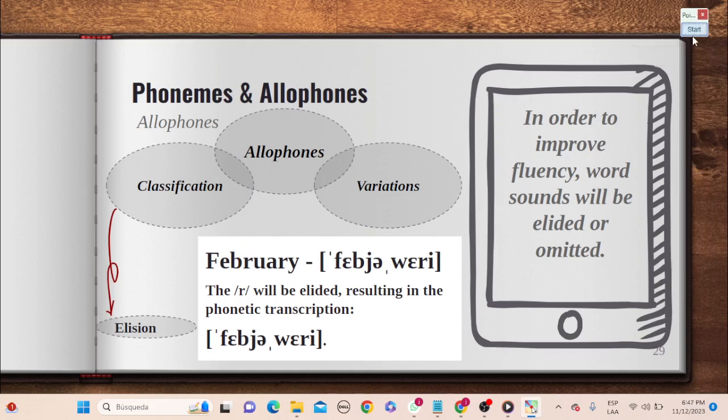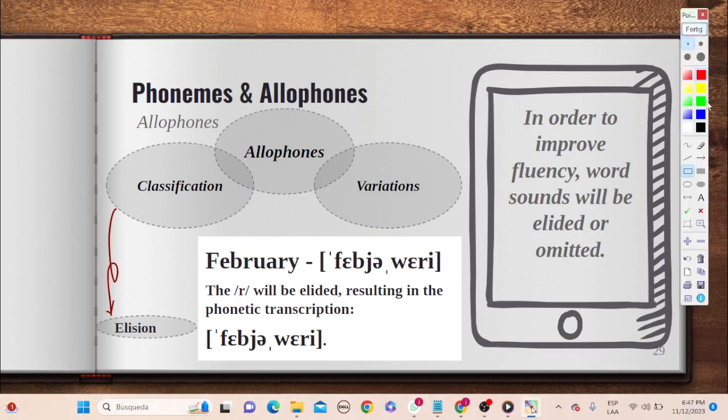Now, it is important also to explain to them that that will not be the only case in which we do this elision, or omitting of sounds. We can use common examples to explain this rule. For example, we also have a very famous word, which is "internet." "Internet" is also a good way to say it, but the American way will be "innernet." Another common word will be "mountain."